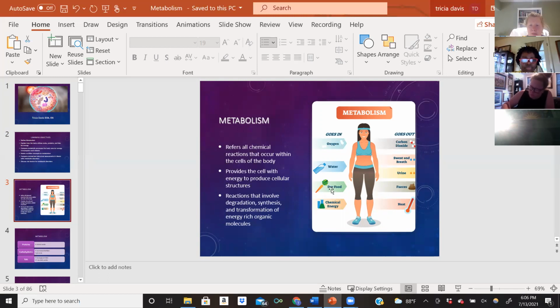So oxygen goes into our body, it comes out as carbon dioxide. Water goes in, comes out as sweat and our breath, also as urine. The food that we take in through our mouth comes out through our feces, and then we can take some of our chemical energy and use it for heat. So this is how metabolism works in our body.